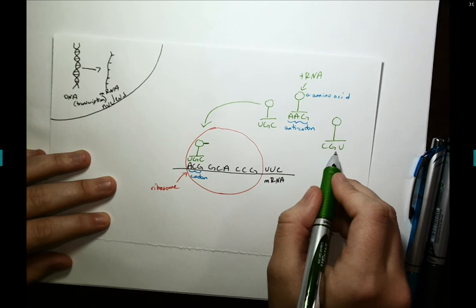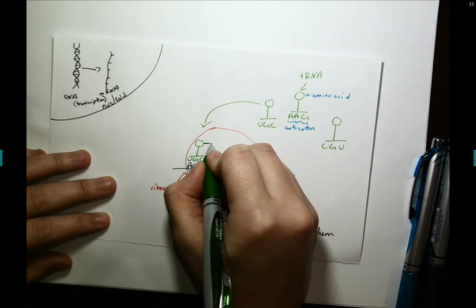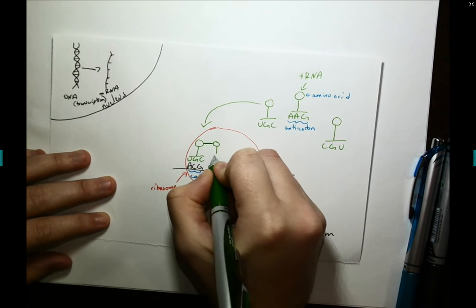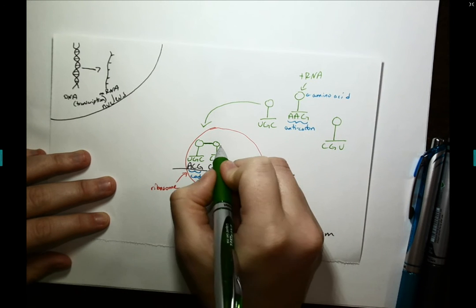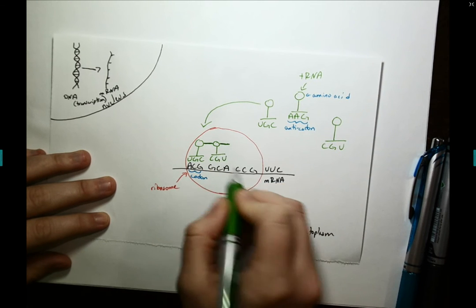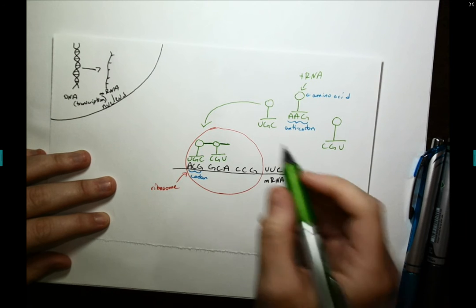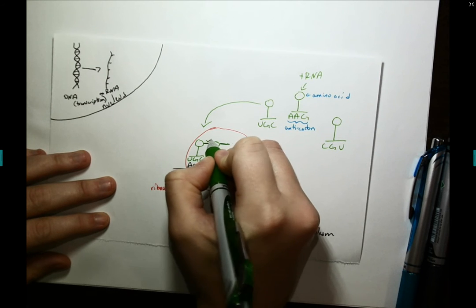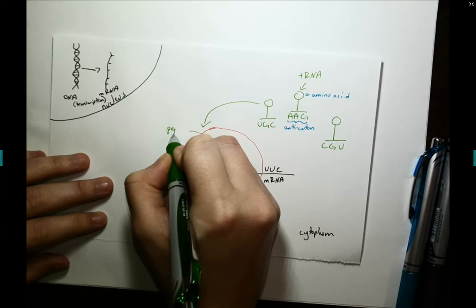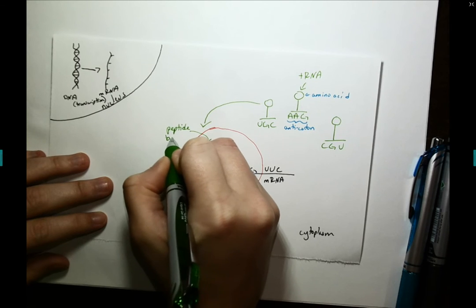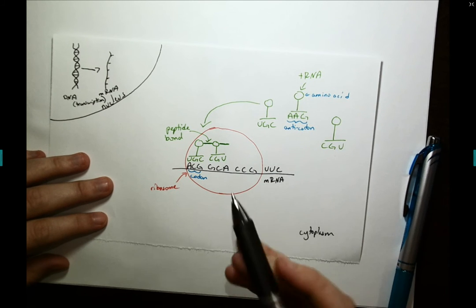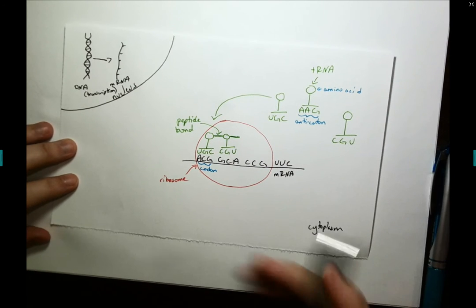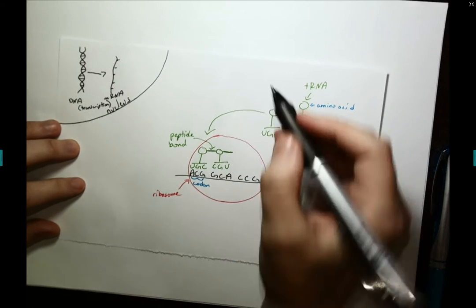So now this tRNA will come, CGU, right? And then we'll get the next one and the next one and so on, right? And all of these amino acids are being held together by a peptide bond. There we go.